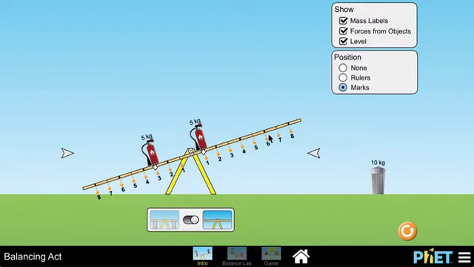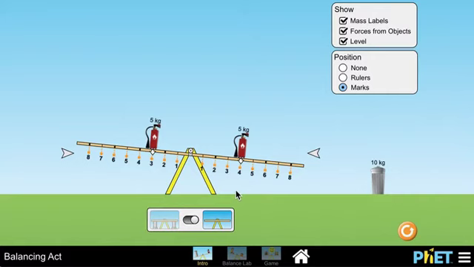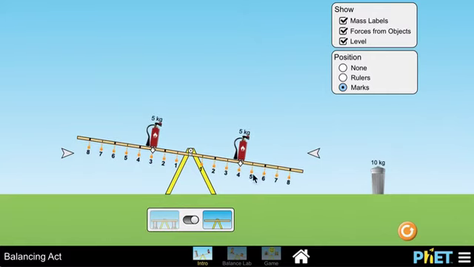So I'd have to increase the moment on this side by moving the object. And now the moment on this side is larger than the moment on this side. So the turning effect on this side is larger than the turning effect on this side. So the effort that I'm putting in is the moment that I'm putting in this side is larger than the moment on that side.